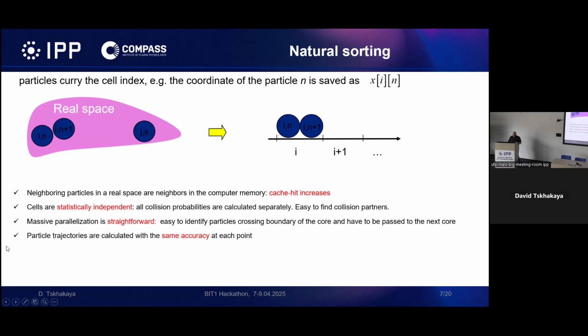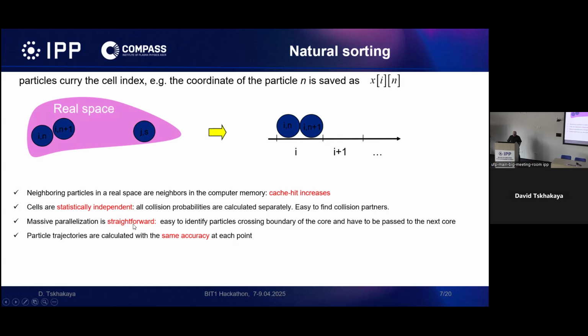There is a second point. It's not necessary for the sorting, but it simplifies considering statistically independent cells, because each cell is absolutely separate. It has its own particles, and you don't need to generate a large number of random numbers. You generate random numbers for the one cell with the largest number of particles, and you can use them for the other cells, which also speeds up the simulation very strongly.